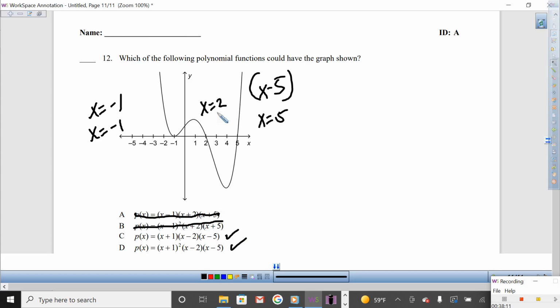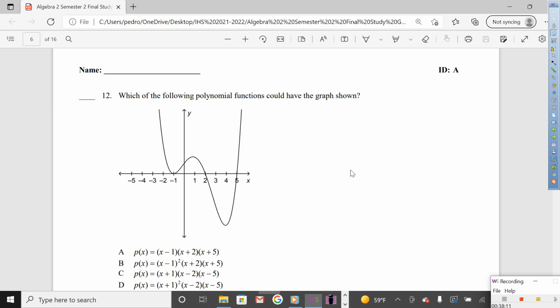How about x minus 2? Which one has x minus 2? Both of them? Oh, okay. And then x plus 1. Yes. How many times? 2. So the answer is D. Be careful with those, yes?